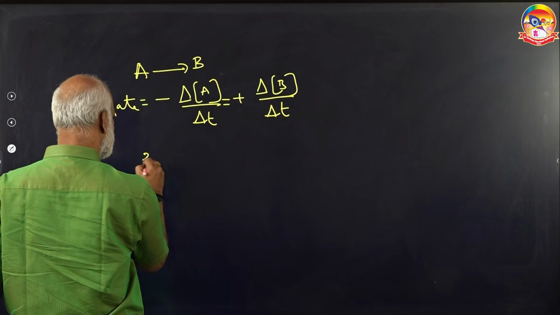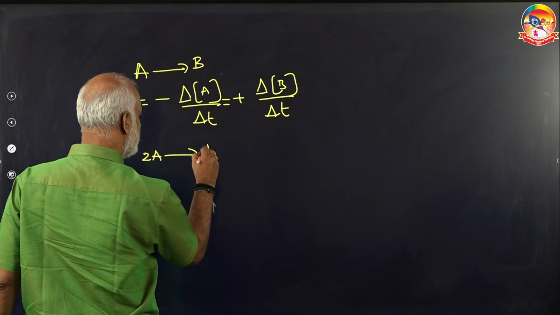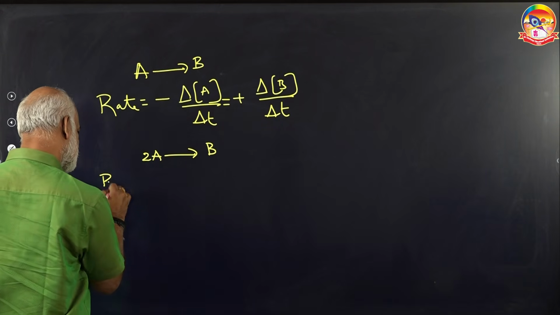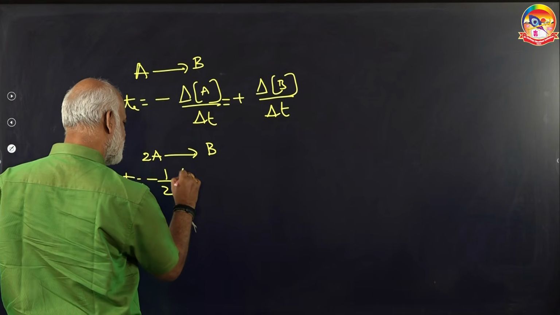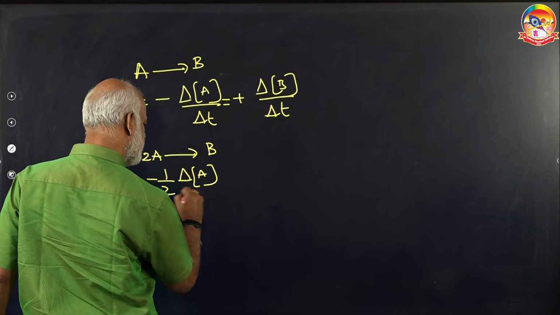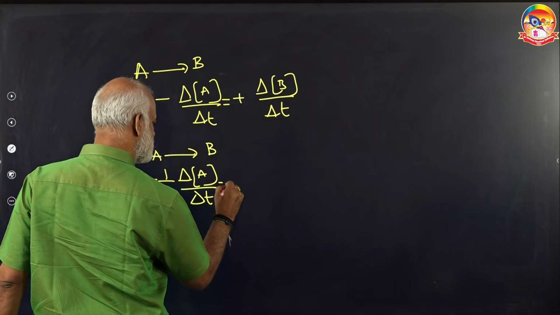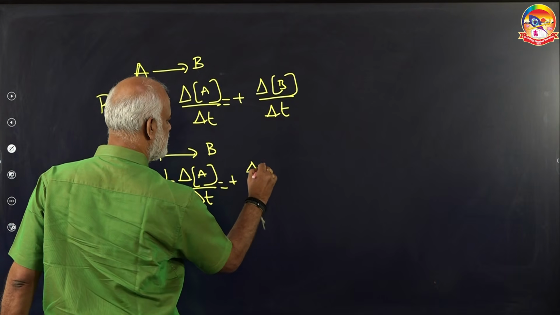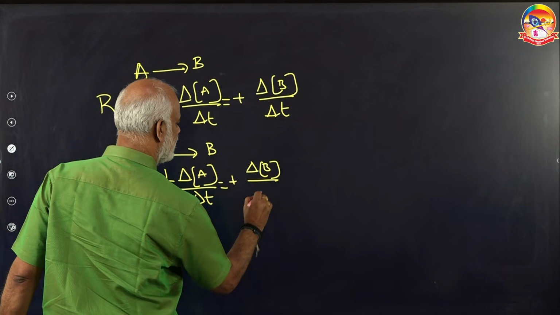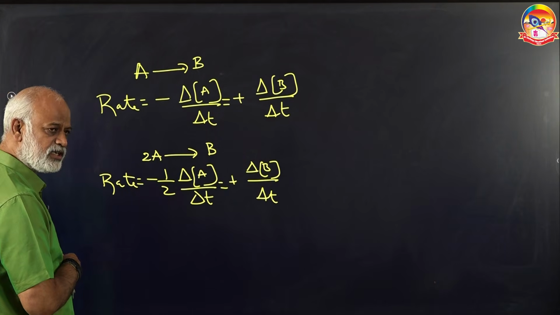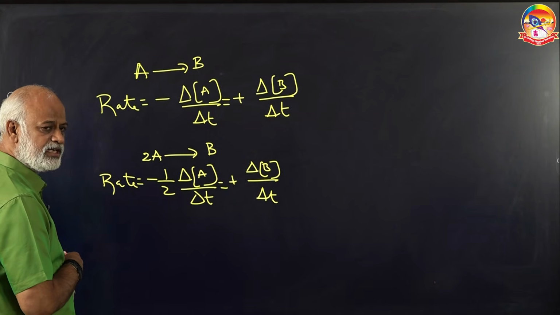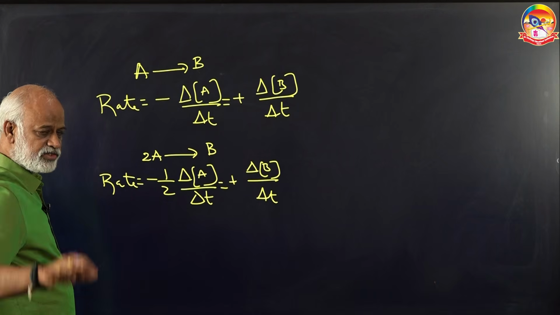I mean to say, 2A gives B. How to write it? Rate is equal to minus half of delta [A] by delta t is equal to plus delta [B] by delta t. Make it a point, whatever the coefficient is, it should be written as a reciprocal. What is the meaning of it?